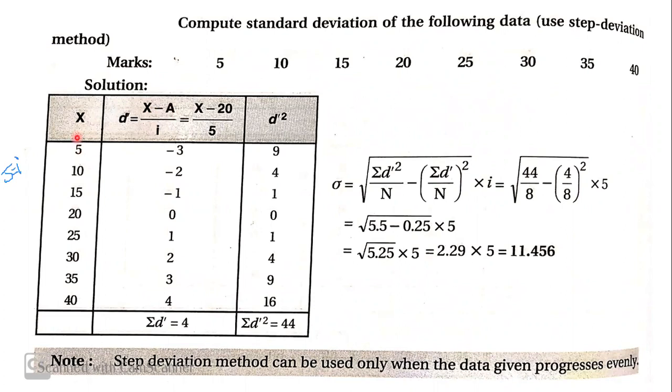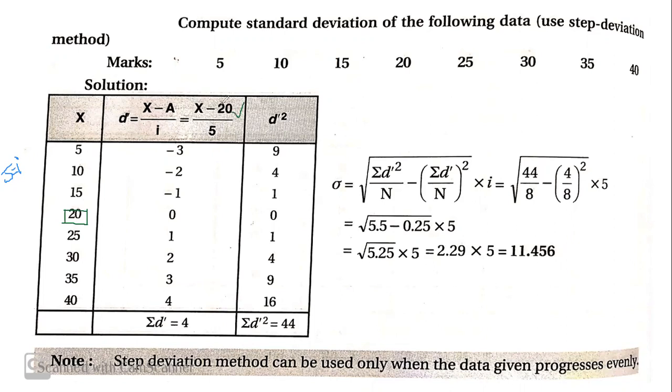Now the assumed mean must be taken from X only. So you are supposed to select a number out of this X so that you can take that as A. You can take any number from this. So here we have considered 20 as the assumed mean.